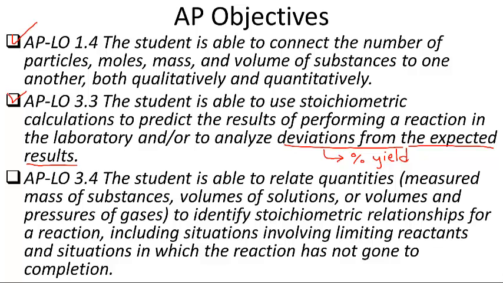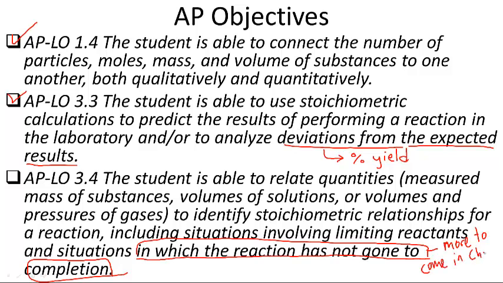I will say this last part, situations in which the reaction has not gone to completion, we're going to talk more about in our equilibrium unit. But the first part of that, does it make sense? Basically says you can do stoichiometric calculations.